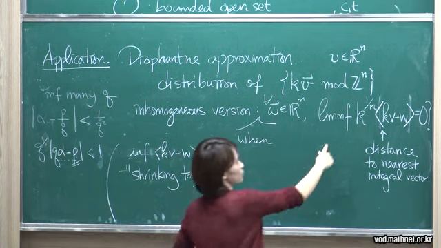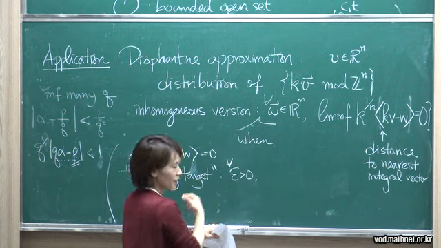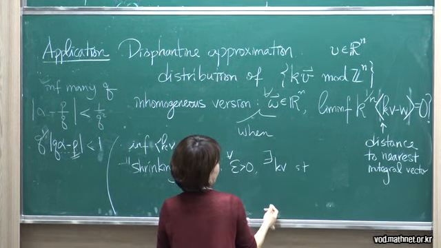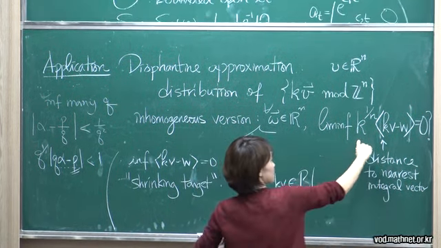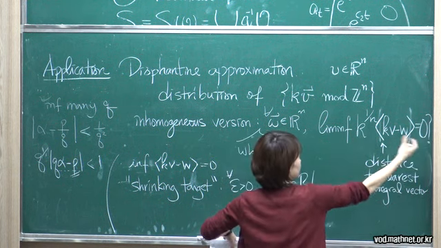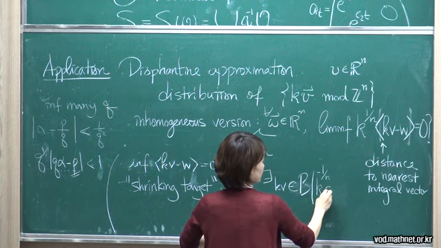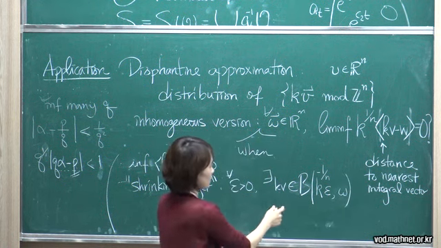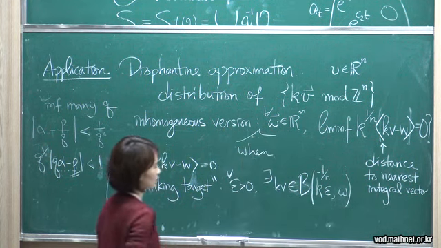Because for a given epsilon, we want to find k such that kV lies inside the ball of radius k to the negative 1 over n times epsilon around W, where by ball we mean a ball in the torus, using the distance to the nearest integral vector.